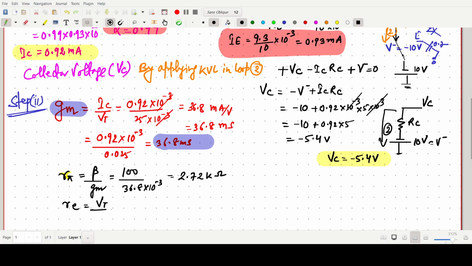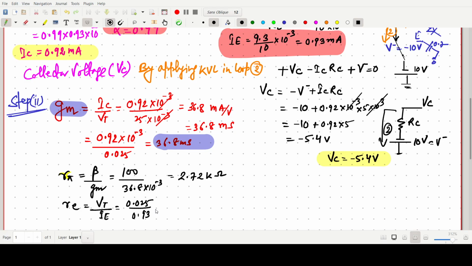Again, we can find the value of re. re is Vt by IE. Vt we already know is 0.025, which means 25 millivolt, and the IE value we have calculated is 0.93.